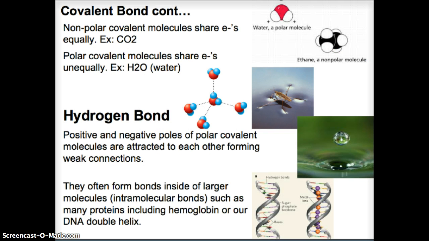And the sharing of electrons can be in a non-polar fashion, like in a carbon dioxide molecule, for example, where the sharing of the electron is equal. That's non-polar. But then we have a polar covalent molecule, which shares the electrons unequally.